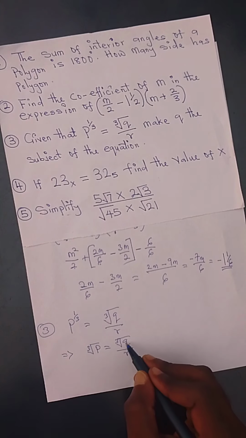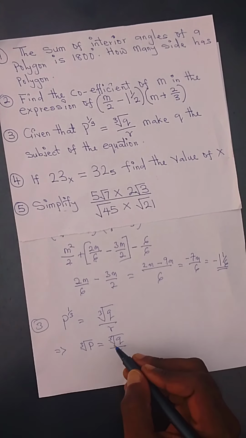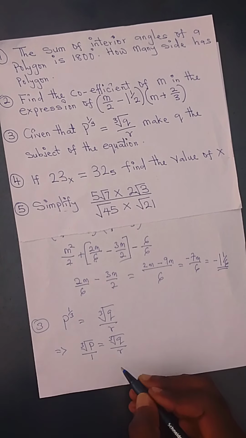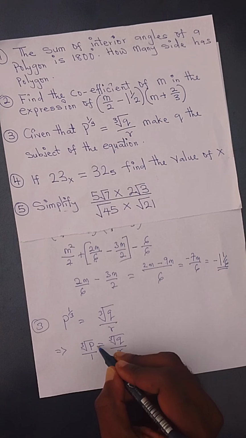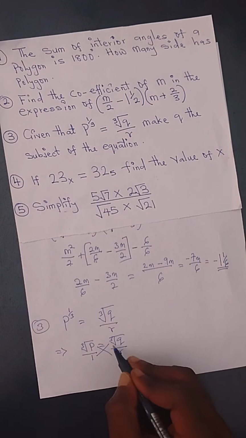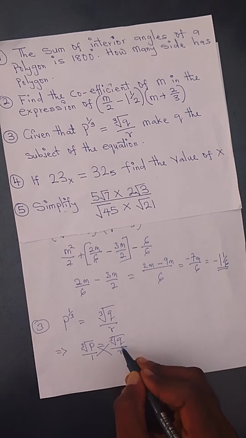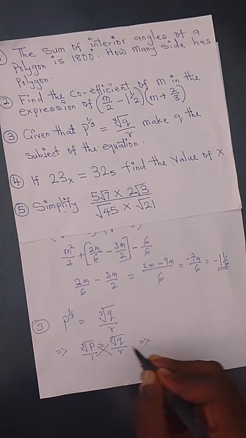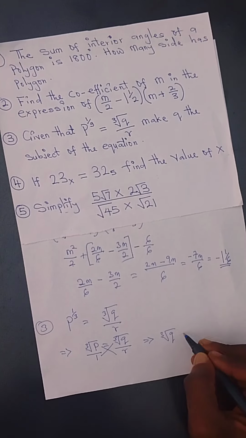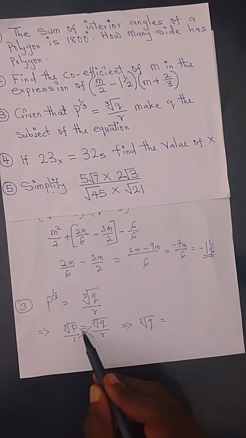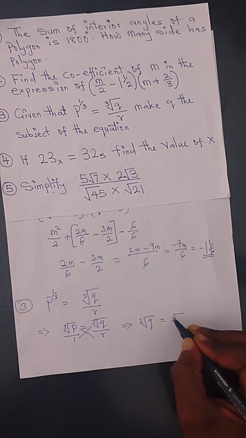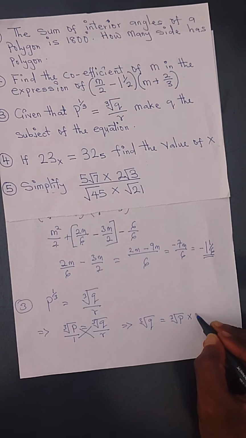Now we are asked to make letter q subject of formula. So you can give this a common denominator of 1, then you cross multiply. When you cross multiply, you have cube root of q times 1, that gives us cube root of q equal to cube root of p times r.